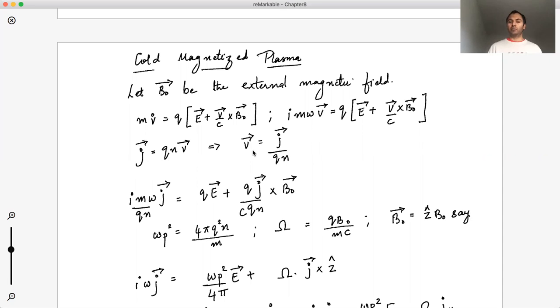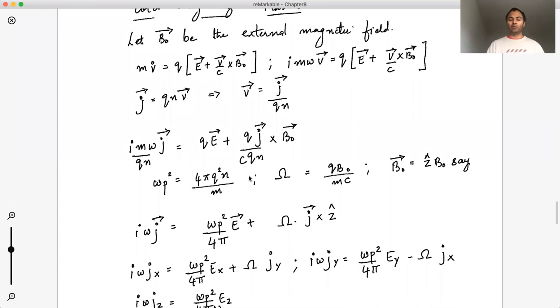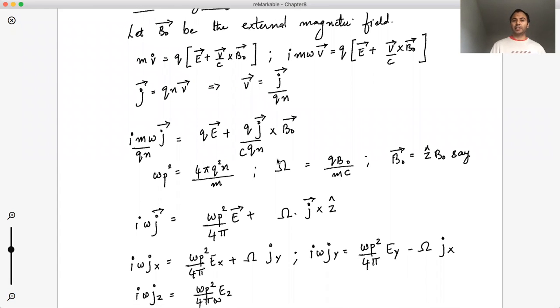So we can get rid of the velocity in this equation and write it just in terms of J, the current density. I've done that here. Again, you can always pause and check the algebra yourself. Just to make the notation simple, and because we have some forethought now, that we're going to end up with a dispersion relationship which will depend on the fundamental frequencies of the plasma itself.